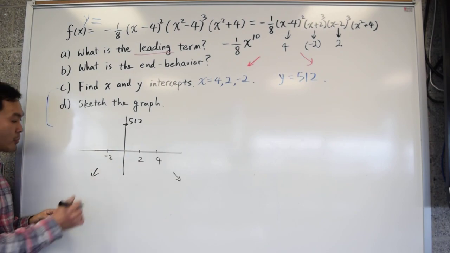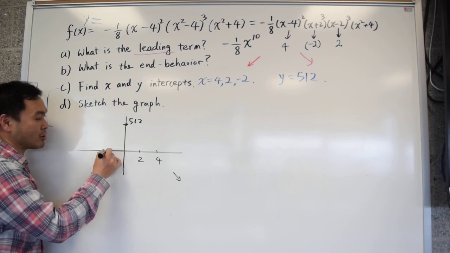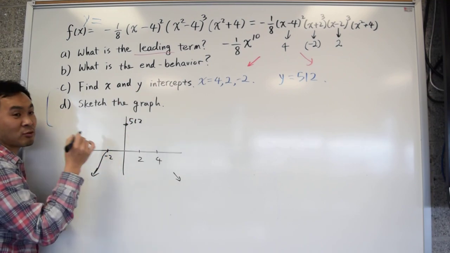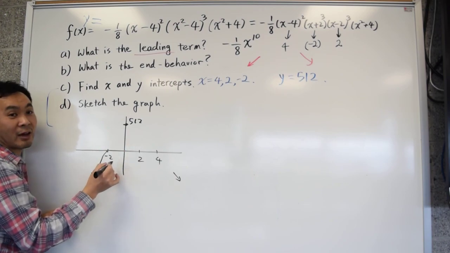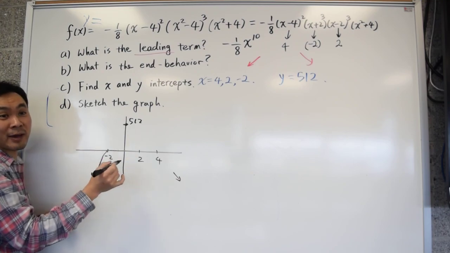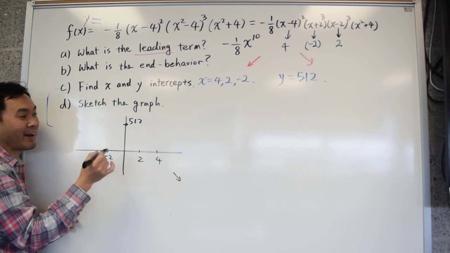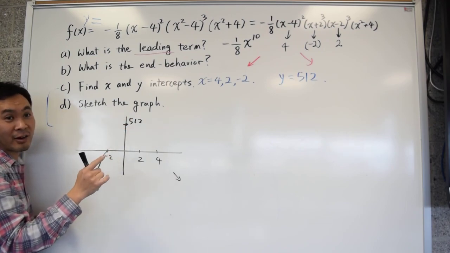So let's see. We are going to hit negative 2 because it's an x-intercept. The graph should pass through negative 2. Now, should I pass through or bounce back? Okay, for negative 2, is it an odd power or an even power? Odd.